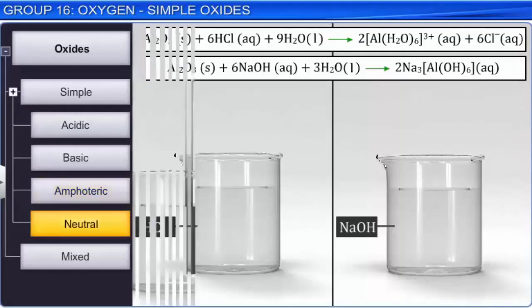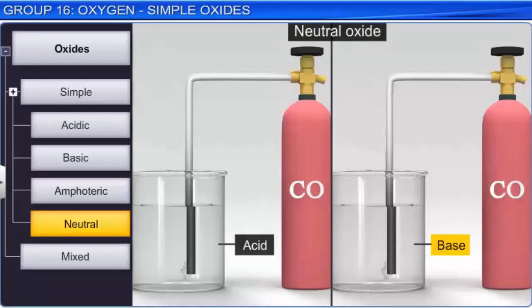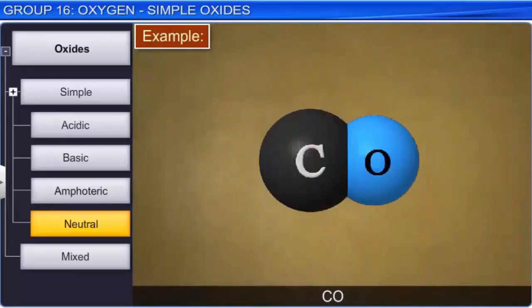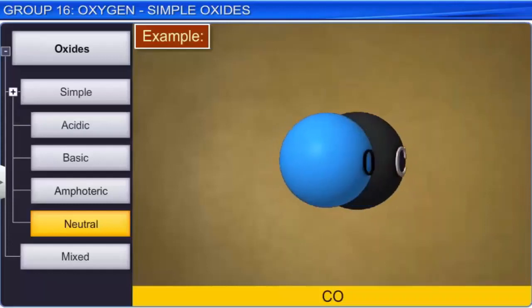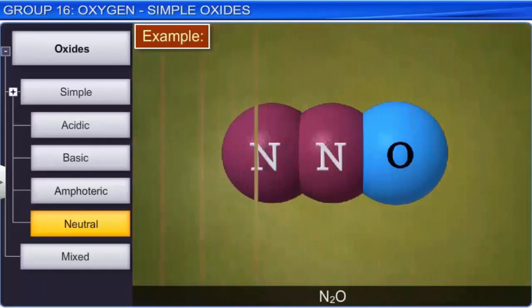Neutral oxides do not show any tendency to form salts when treated with acids or bases. For example, carbon monoxide and nitrous oxide are neutral oxides.